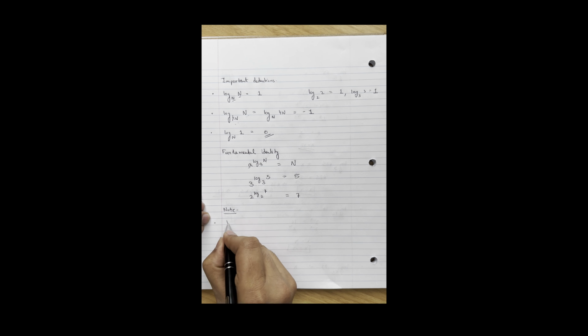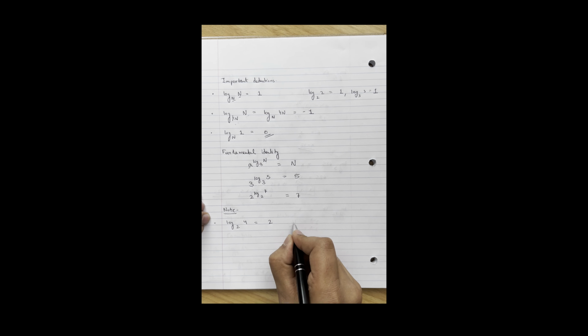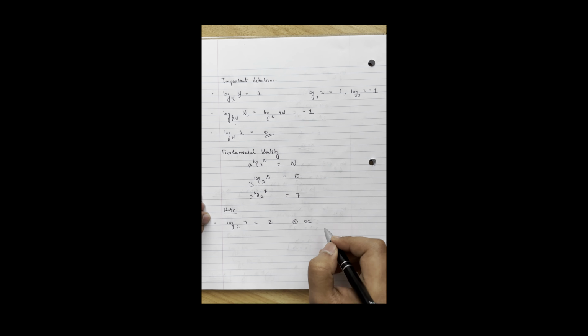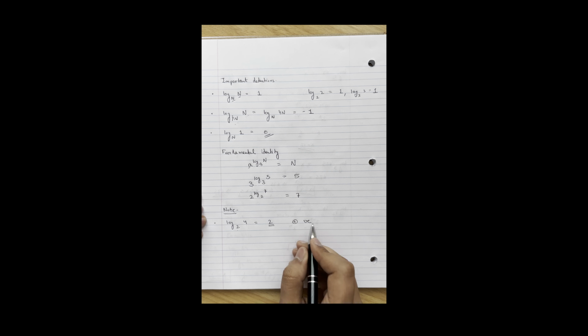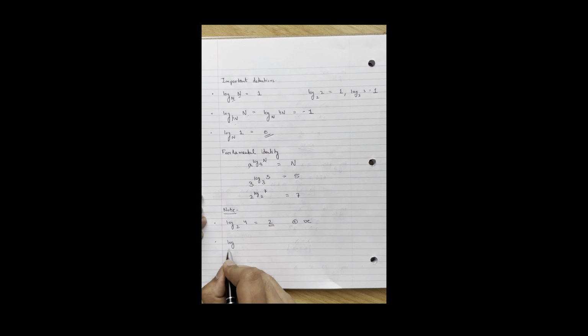So for example, log of 4 to the base 2 is equal to 2, it gives a positive number. This is what I was talking about previously, when the base and the natural number are on either side of 1. If the base and the natural number are both greater than 1, it will always give a positive number. The second case: if the base and the natural number are both less than 1, it will always give a positive result.